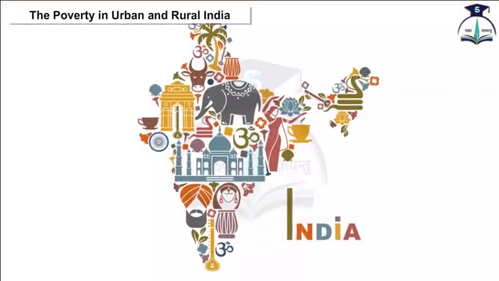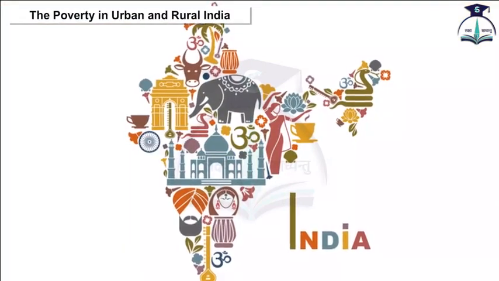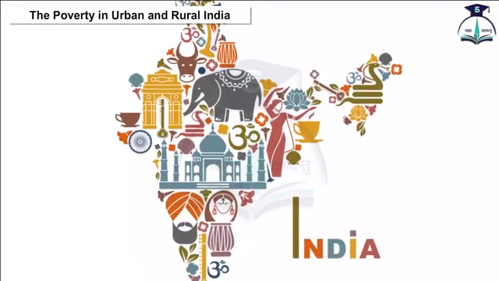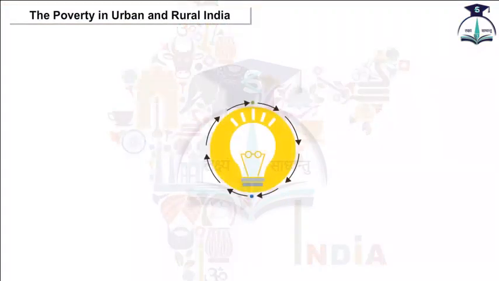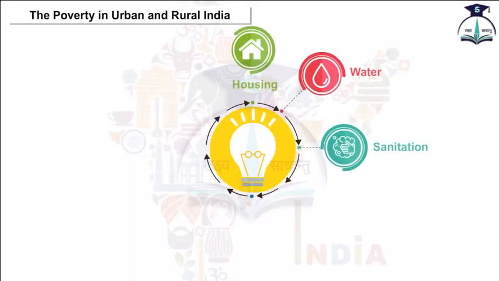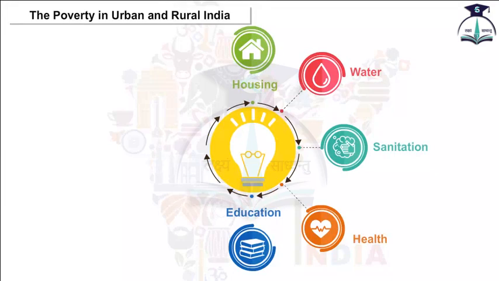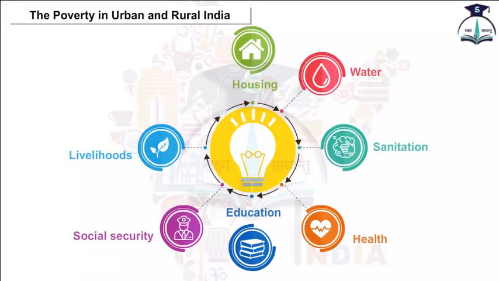The poverty in urban and rural India. The nature of urban poverty poses distinct challenges for housing, water, sanitation, health, education, social security, livelihoods, and the special needs of vulnerable groups such as women, children, and the aging.